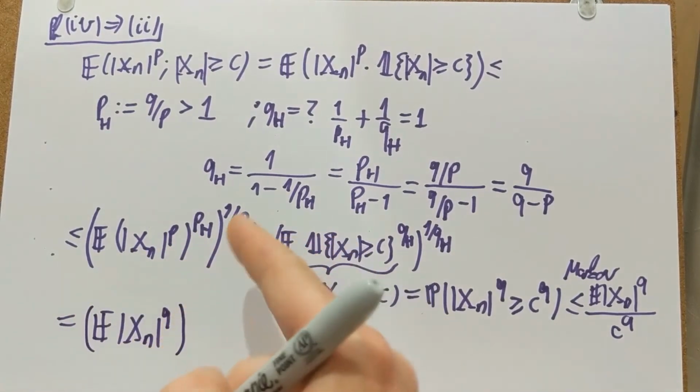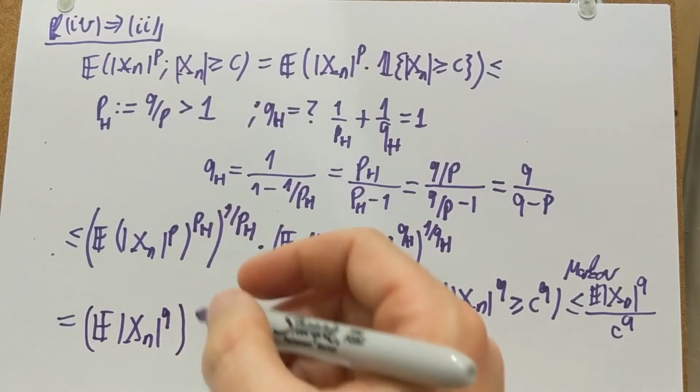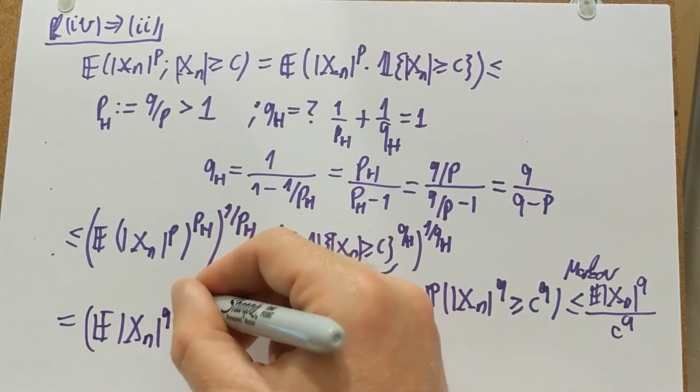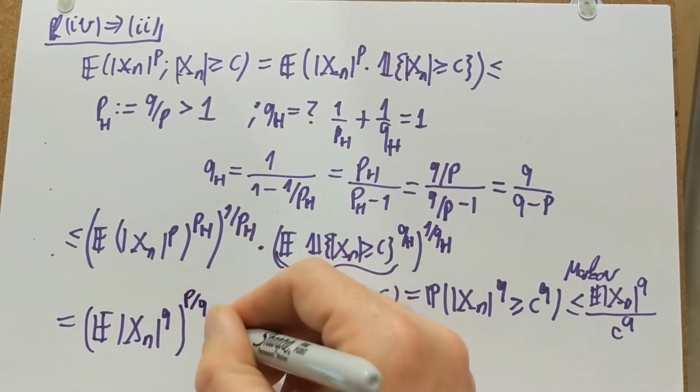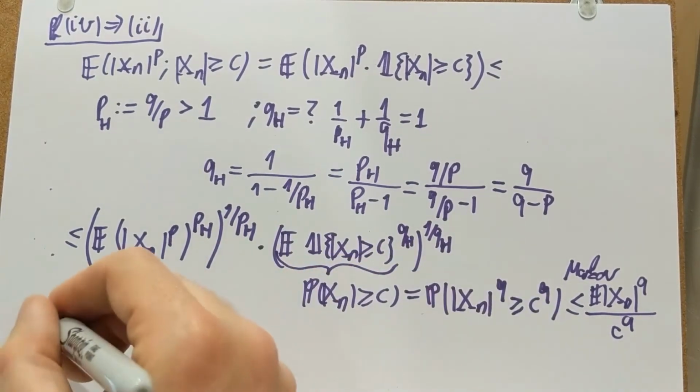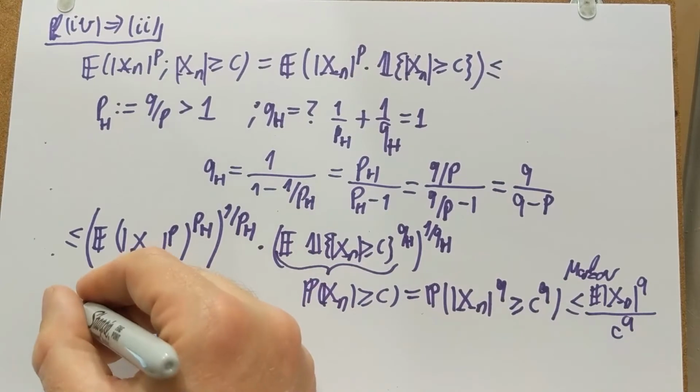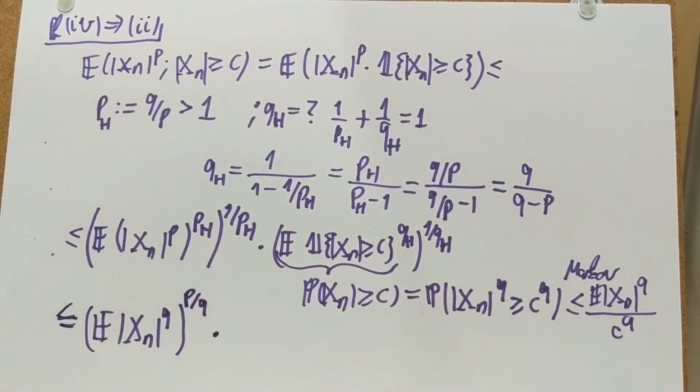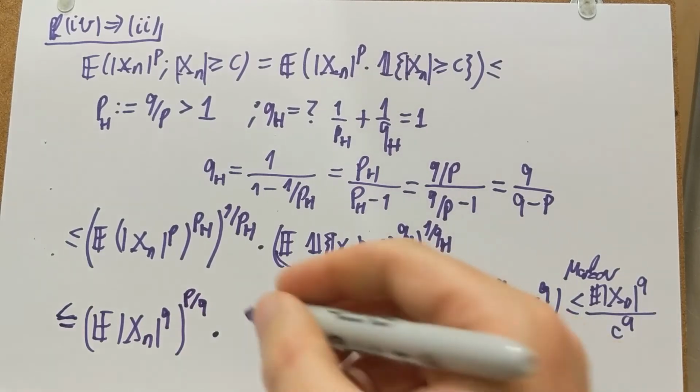All of that is raised to the 1 over ph power, which is going to be p over q. That's my first term. The second term, I have a bound on the second term, so this is going to be a bound. On the second term, I have the bound of expectation of xn to the q over c to the q.